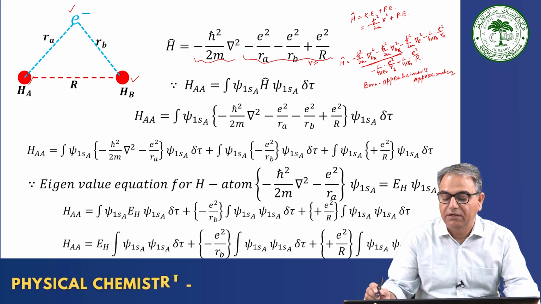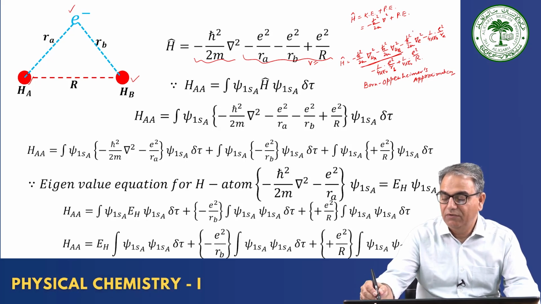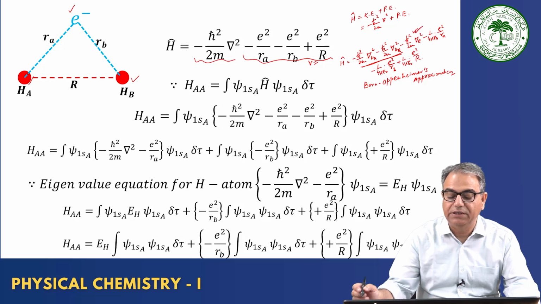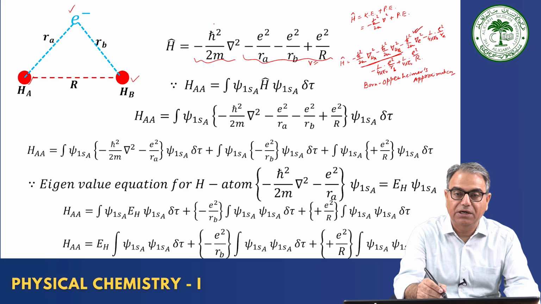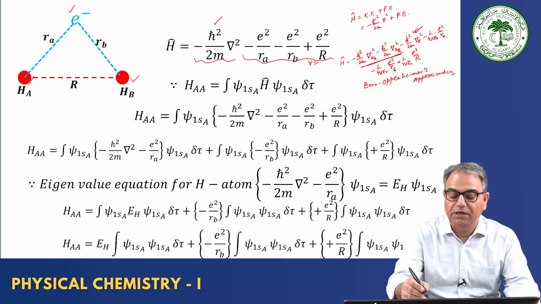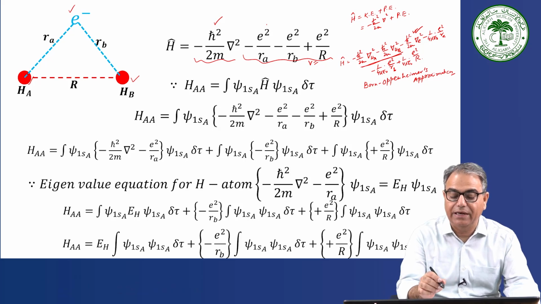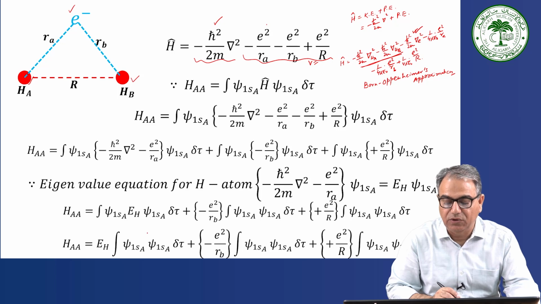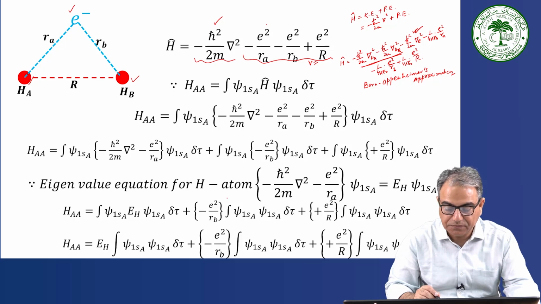The nucleus is static. So the kinetic energy term for the nuclei is omitted, and now you have only one term of the kinetic energy, and the rest of the terms are for potential energy. So this is the term for the kinetic energy, this is the term for the potential energy. Okay. This is the most simplified version of the Hamiltonian which I could have written here, and I have explained why I have written it.